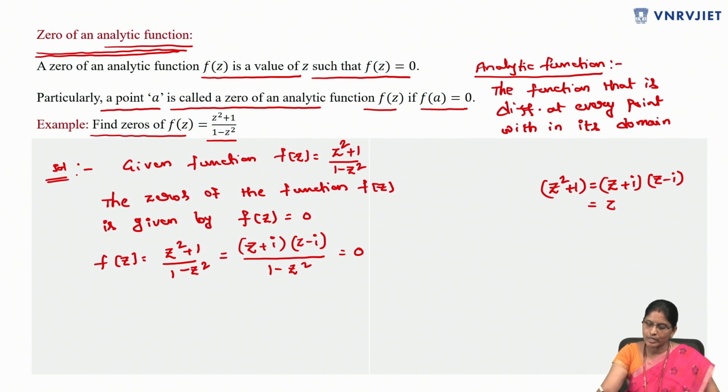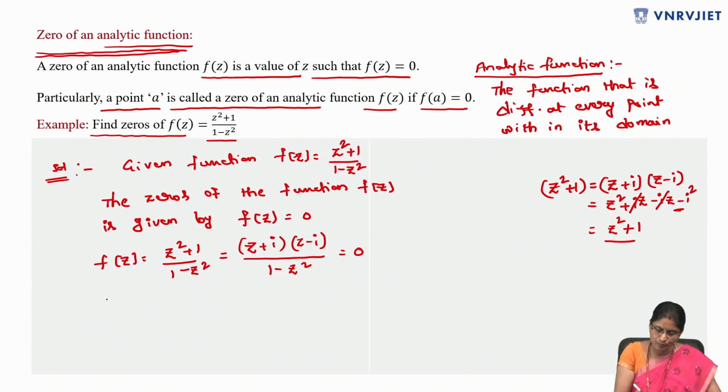Multiply these two: we get z square plus iz minus iz minus i square. Plus iz minus iz cancel, we get z square. I square is minus 1, minus of minus 1 we get plus 1. So z square plus 1 can be written as z plus i into z minus i, by 1 minus z square is equal to 0.